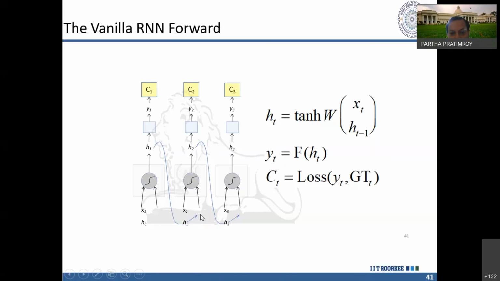This previous information is not x1, the previous node, but some processed output. So there will be the influence of x1, coming as a processed one.